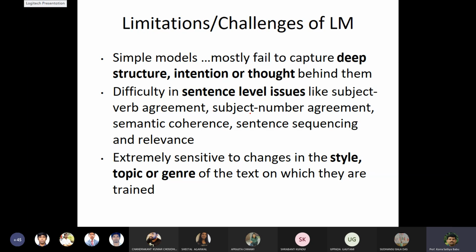All of this we may fail at with simple models. Existing language models are also extremely sensitive to changes in the style, topic or genre of the text on which they are trained. For example, the genre of movies: you train on English movies, and it may not hold for your regional movies. The genre may change, the taste.